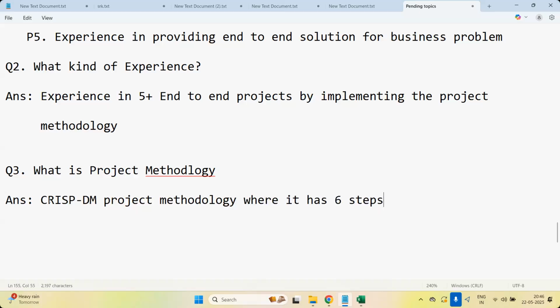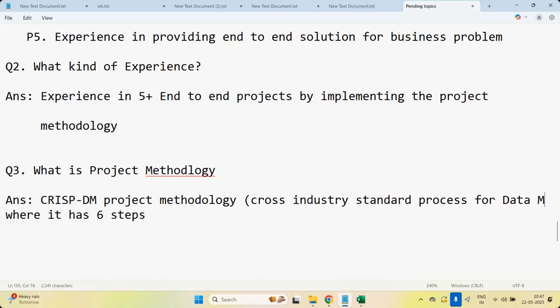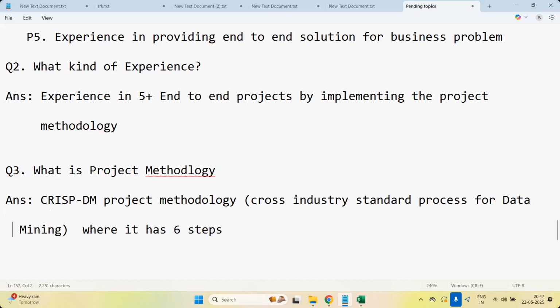CRISP-DM, which is cross industry standard process for data mining, has 6 steps. Now next, what is the next question?